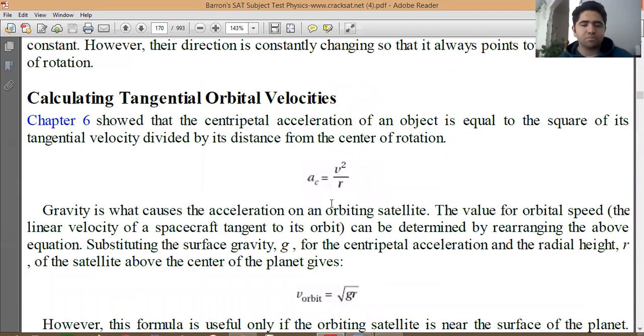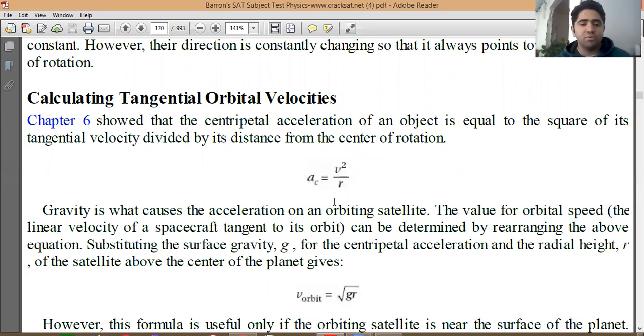So now remember that during circular motion, the centripetal acceleration is equal to v squared divided by r. We actually talked about this, and centripetal force is equal to mv squared divided by r.